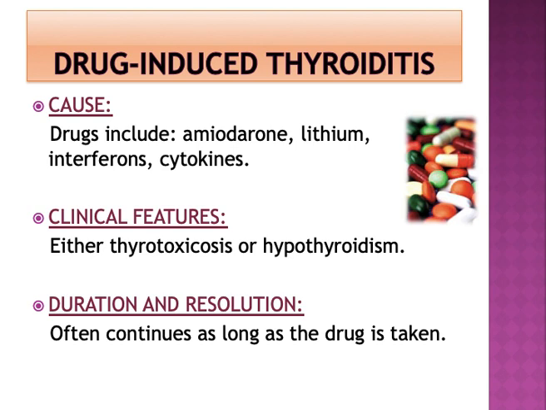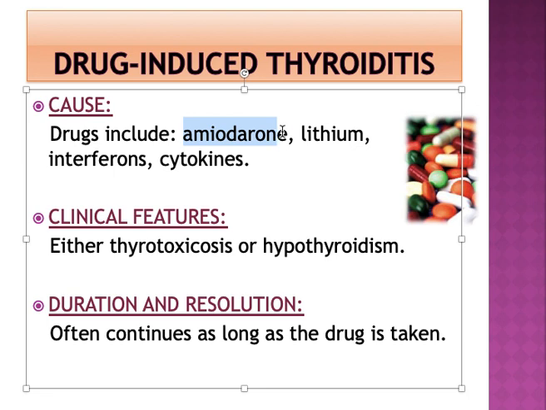But what are the drugs which can damage the thyroid? You can see amiodarone. This is the drug which is given to many patients who have arrhythmias. Lithium is a drug which is given to many patients who have bipolar disorder, a psychiatric mood disorder simply. And this lithium is given for a long period of time, and that's why it can cause side effects like this.